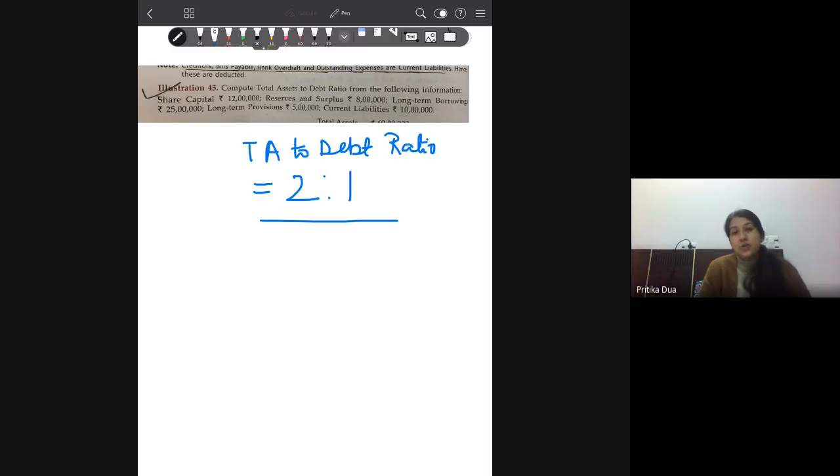So through this ratio, they see how much debt, how much borrowing of the firm is covered by the assets of the firm. So higher ratio means higher safety for the creditors, higher safety margin for the creditors. Okay, so a firm which has a lot of assets with respect to debt will be more safe from the creditor's point of view.